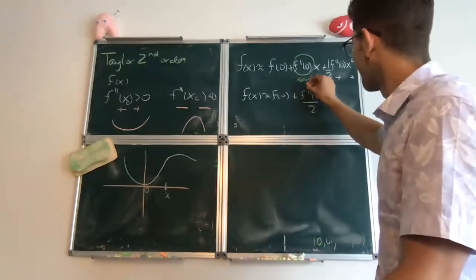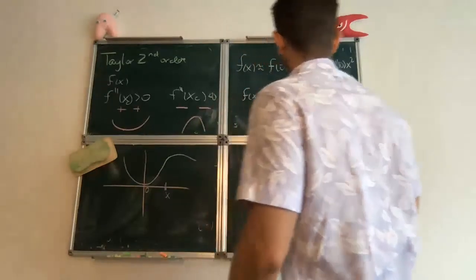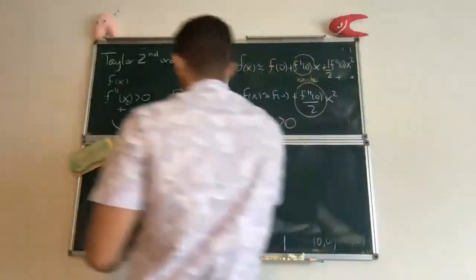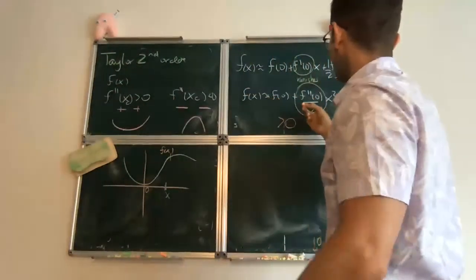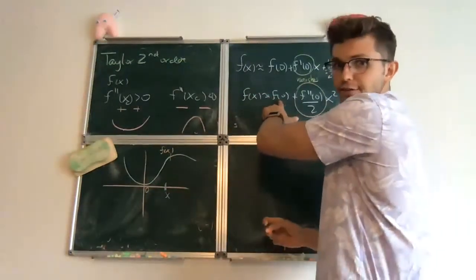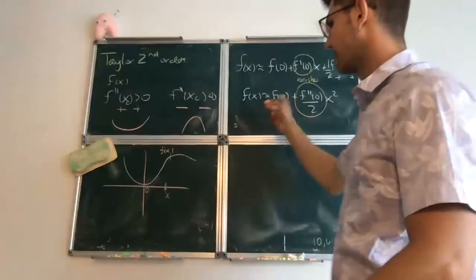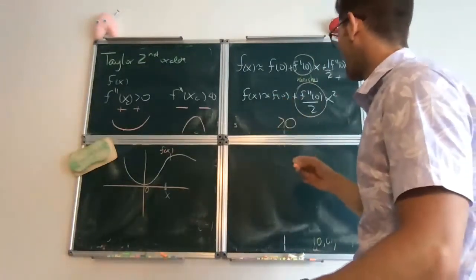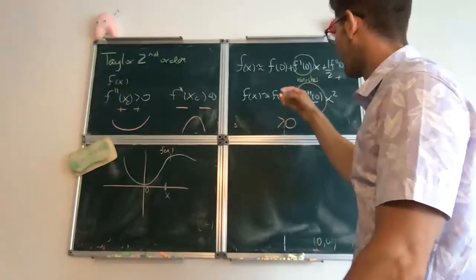if this term is positive, then that means that the function at f of x is a value at f of 0 plus some positive term, which means that this term is slightly bigger than f of 0, and that's why when this is positive, this point is behaving like a min, because all points which are sufficiently nearby are slightly above it.